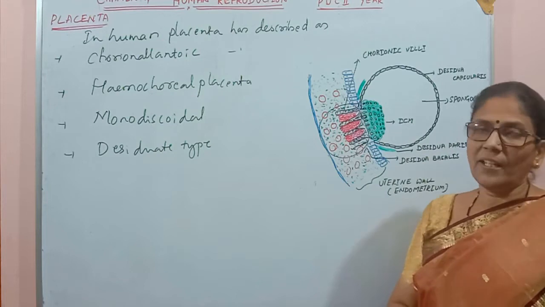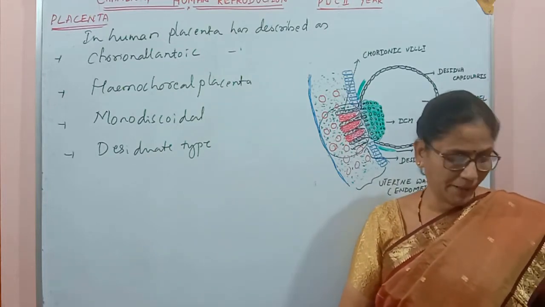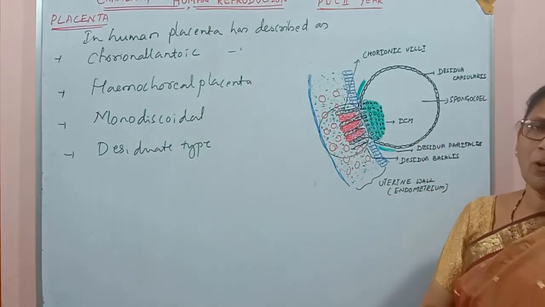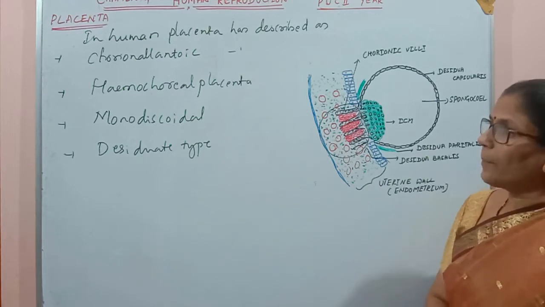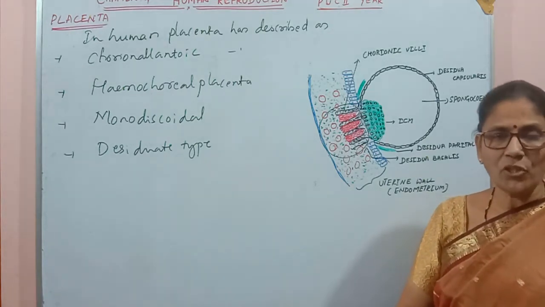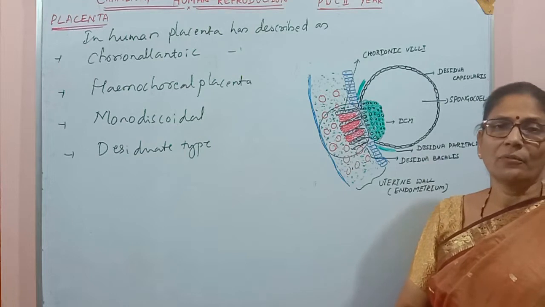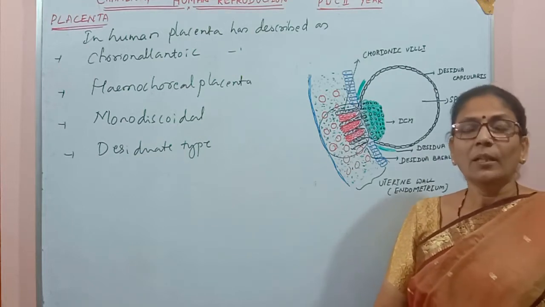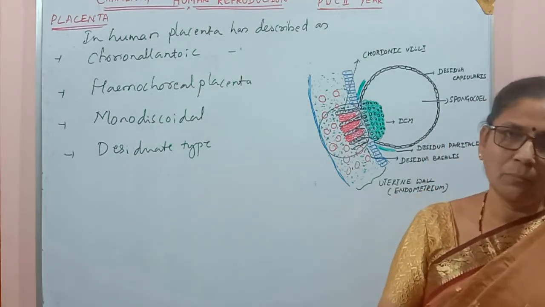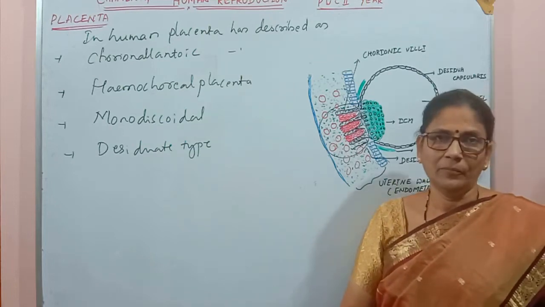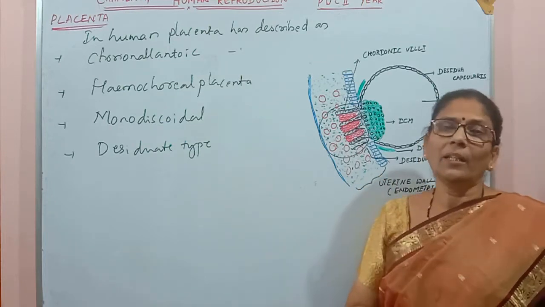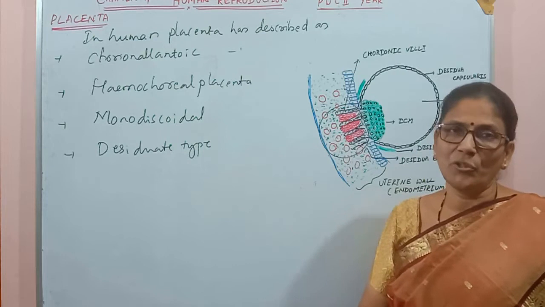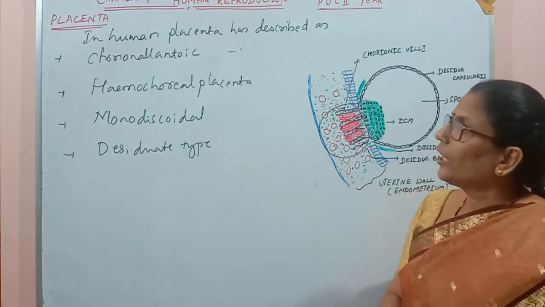Hence, the placenta is called chorioallantoic. It is also called hemochorial because it gets its food directly from the maternal body by chorionic villi. By dipping in the maternal blood, it gets its nutrition.